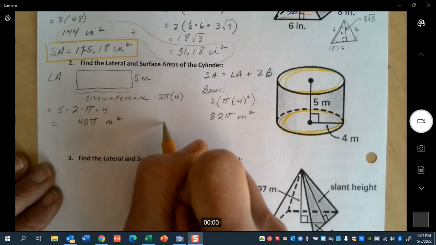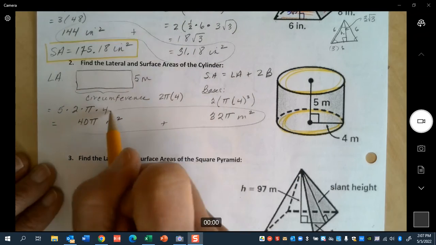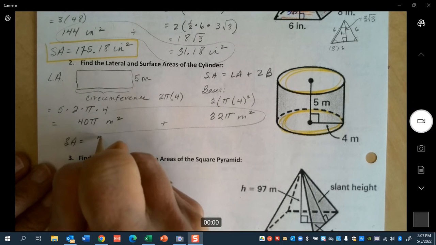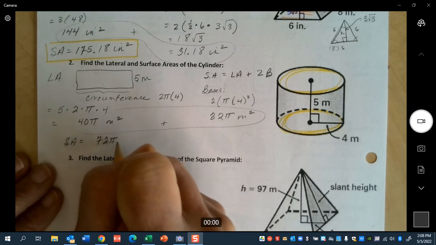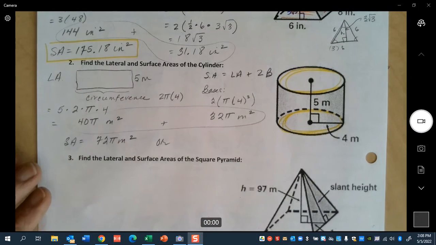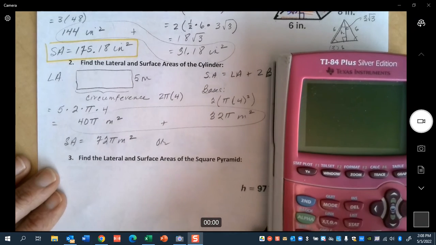So when I want to find my surface area, I'm just going to add these together. So I can say that my surface area is equal to 72 pi square meters, or, and somebody might say, I don't want it in terms of pi. Can you give it to me in a rounded estimated decimal so I know closer to what it is?